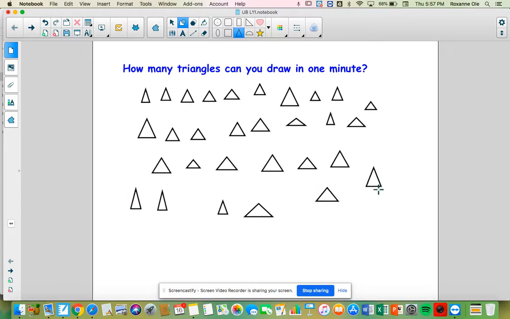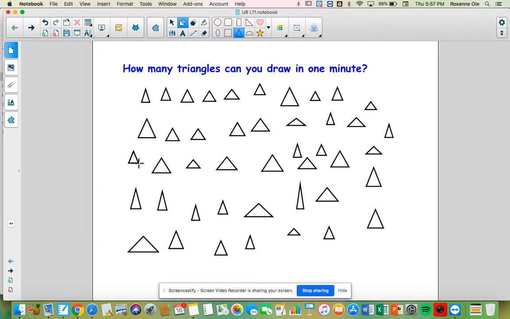I have my timer on. We have 20 seconds left, so keep going. They don't have to be the same kind of triangle, just as long as it's a triangle.